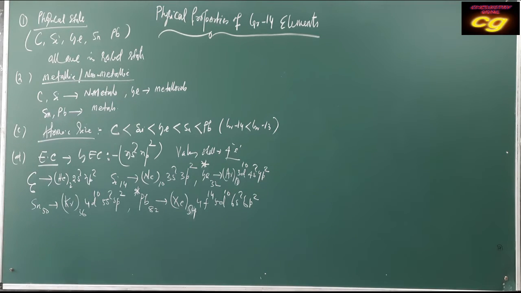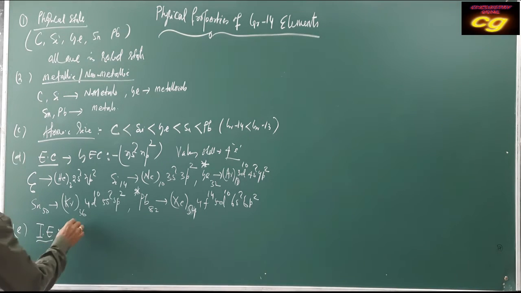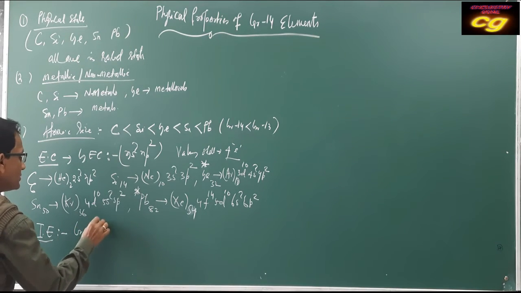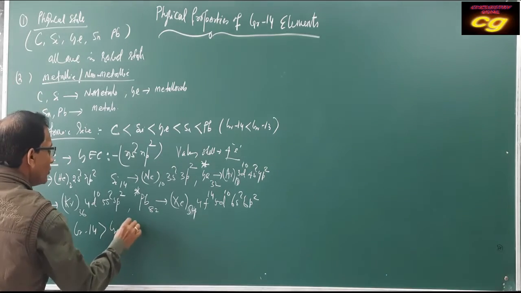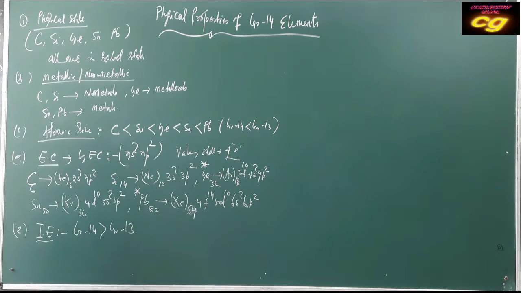Then next one, ionization energy. If you compare, group 14 is greater than group 13 due to more effective nuclear charge and also decreasing size. Group 14 has higher ionization energy than group 13.